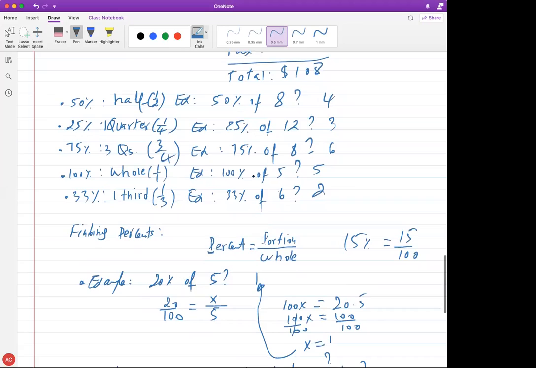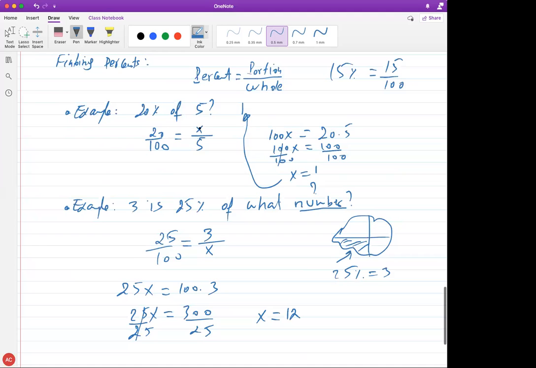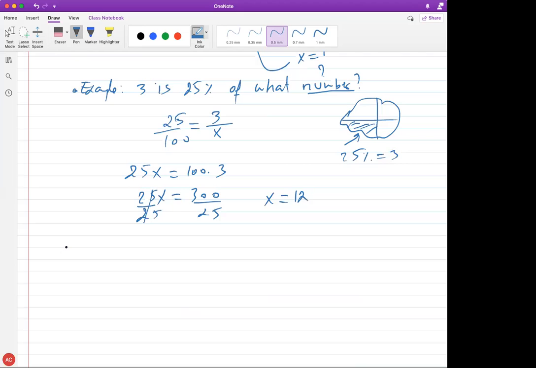As long as you put x in the right place. So you might be missing the portion, which we did before, or missing the whole, which we did here. Let's do another one here. Let's say 4 is what percent of, let's say, 12 or 16.